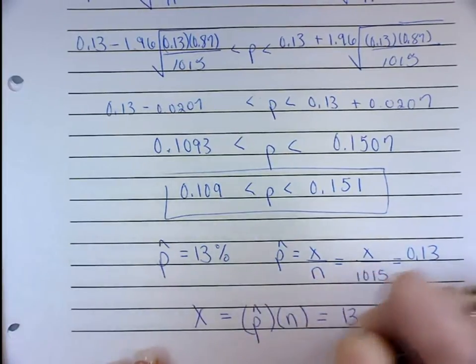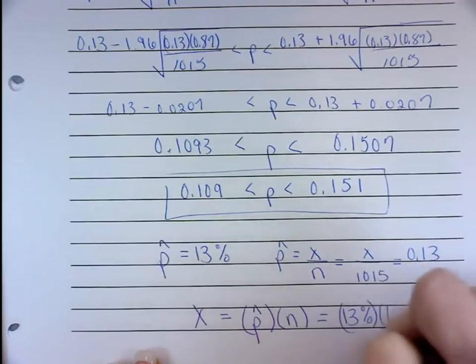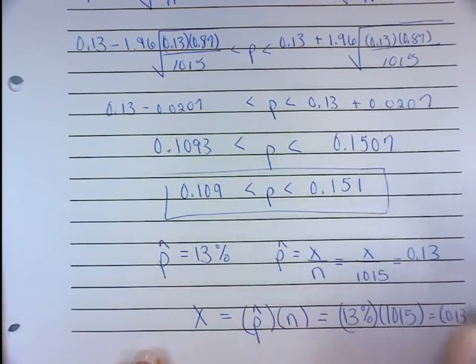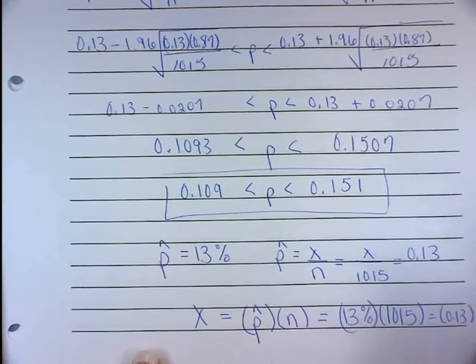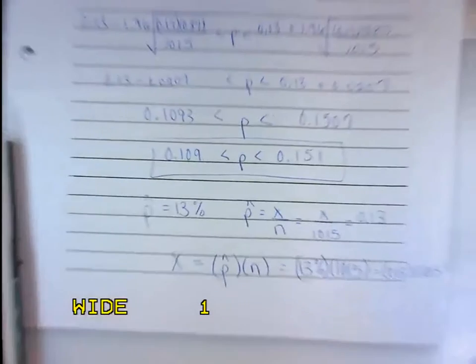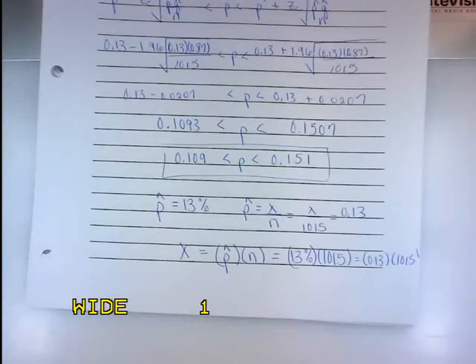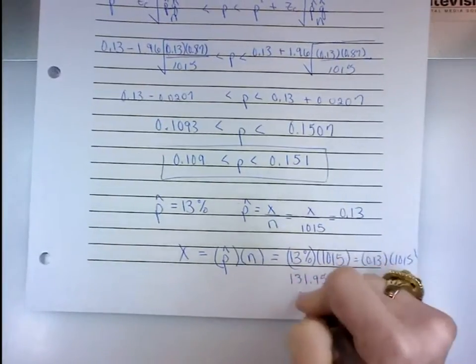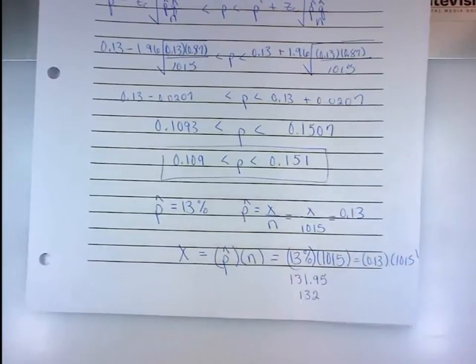So 13% of the 1015, which is 0.13 times 1015, will give you x. 131.95, but you'll have to put it in the calculator as a 132 for your x.